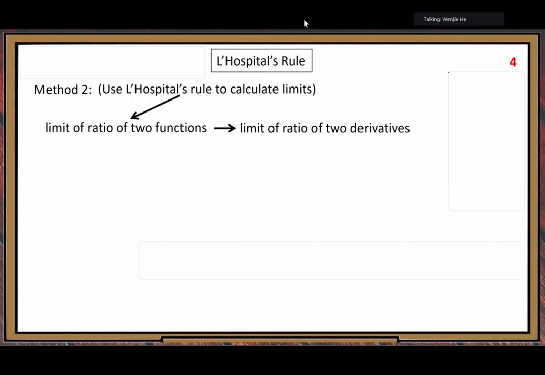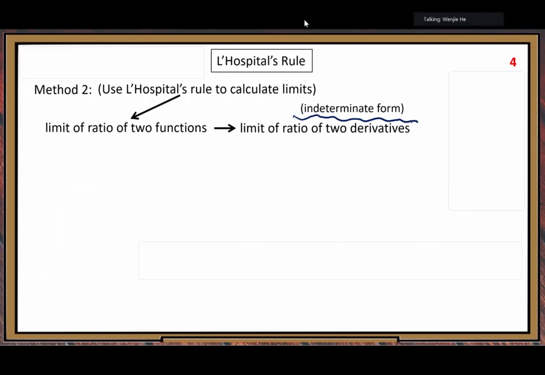What condition? Here I need to talk about the condition. The condition is that the ratio of these two functions should be an indeterminate form. Indeterminate form. What's the meaning of that?